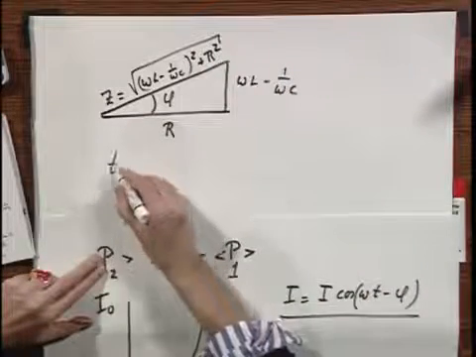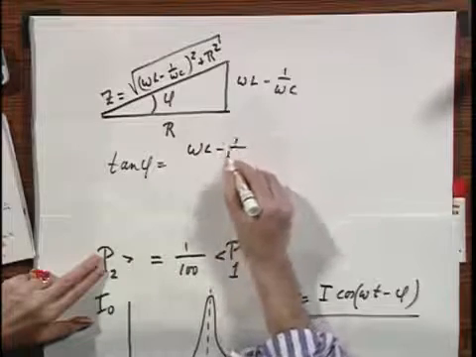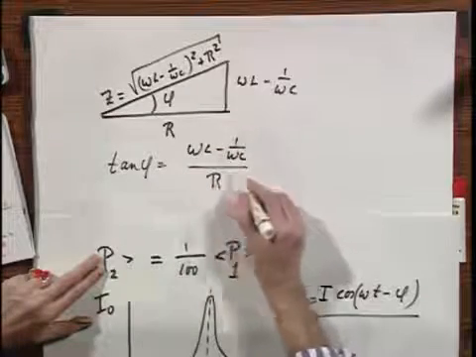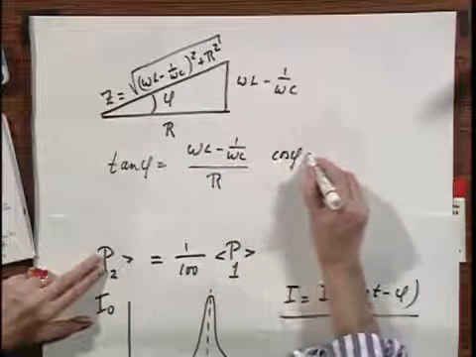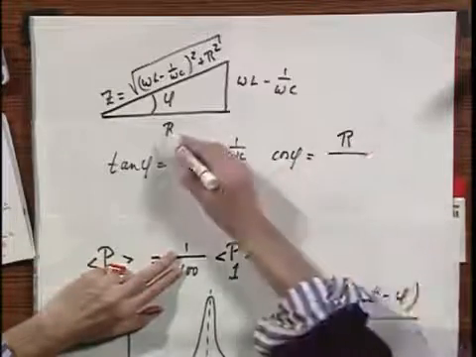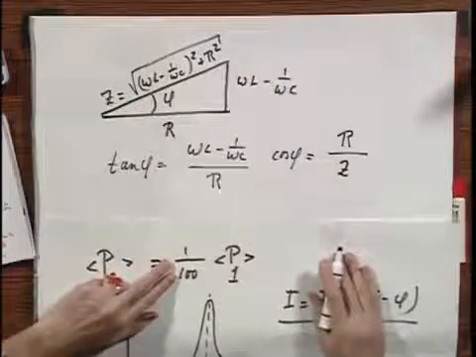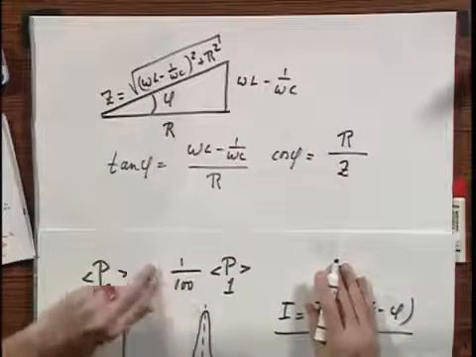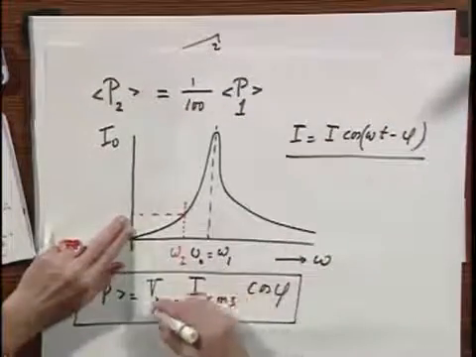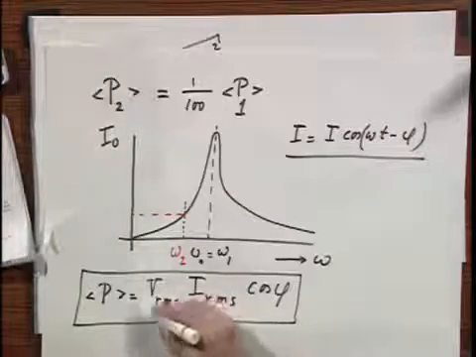And so the tangent of phi equals omega L minus 1 over omega C divided by R, and so the cosine of phi equals R divided by Z, which is this whole square root. And I will assume that the input voltage RMS from both stations is exactly the same.